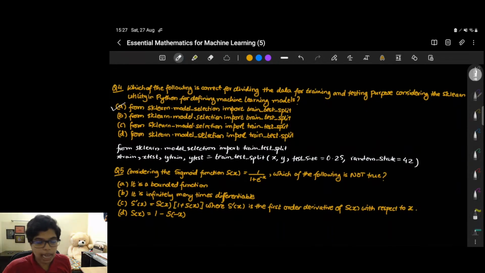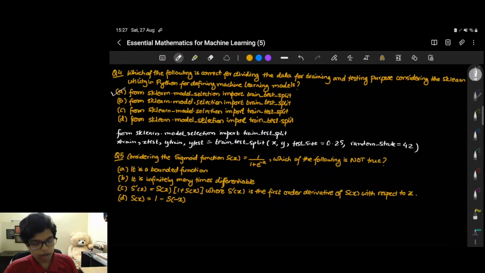This is a very helpful feature. You would typically want to use this functionality quite often, because you want to use some data for training and some data for actually testing your models. So next we proceed to the next question.